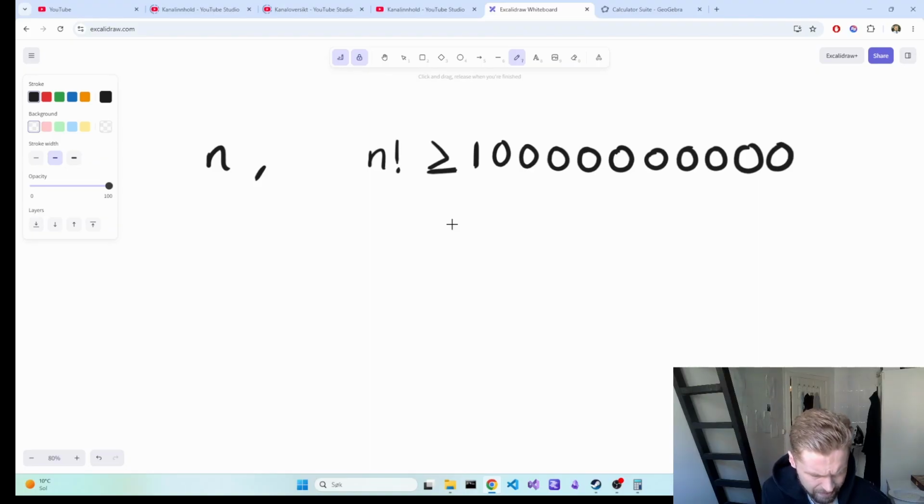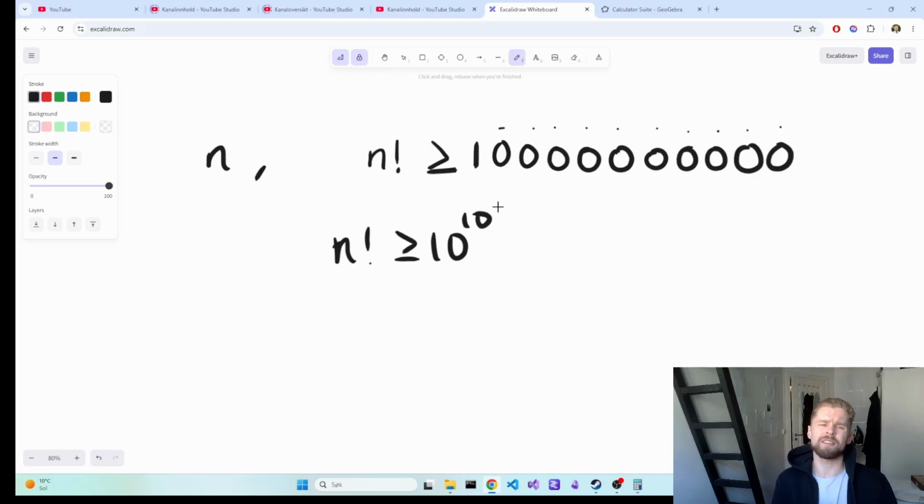Smallest n. Now wait a minute. 1, 2, 3, 4, 5, 6, 7, 8, 9, 10. So that is n factorial greater than this.